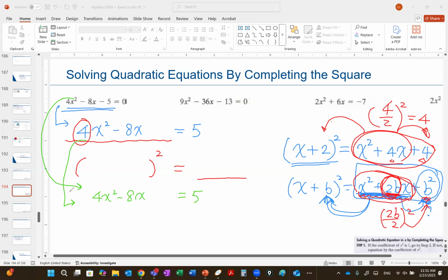How do we do that? Both sides divide by 4. Is it correct? So now it became x squared, minus 2x, and here it became 4/5.